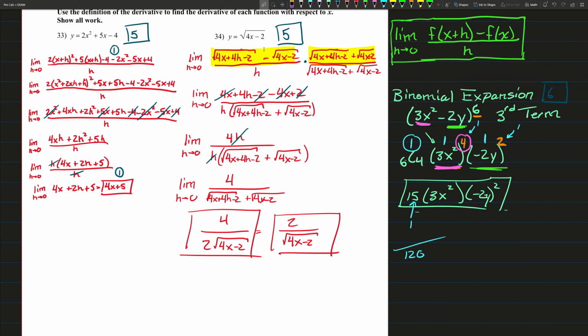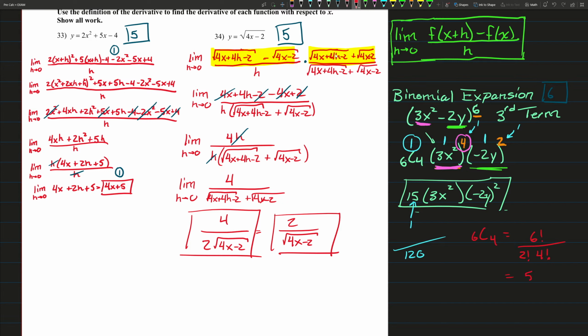Okay. Where did the 15 come from? 6 choose 4. All right, so 6 choose 4, I think is 15. That's 6 factorial over 6 minus 4 factorial. That's 2 factorial times 4 factorial.